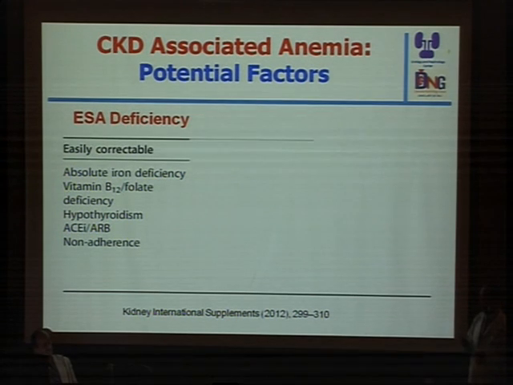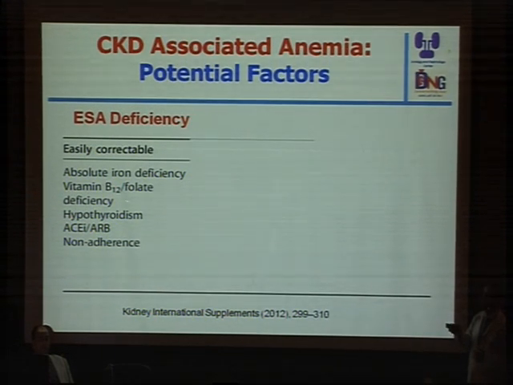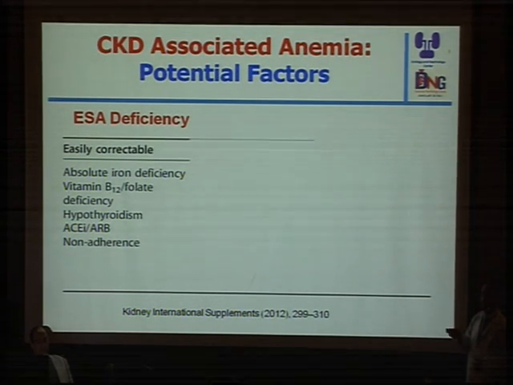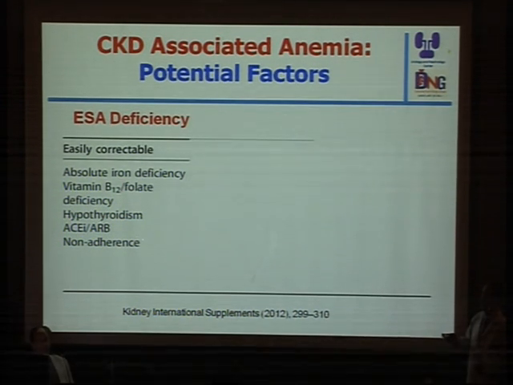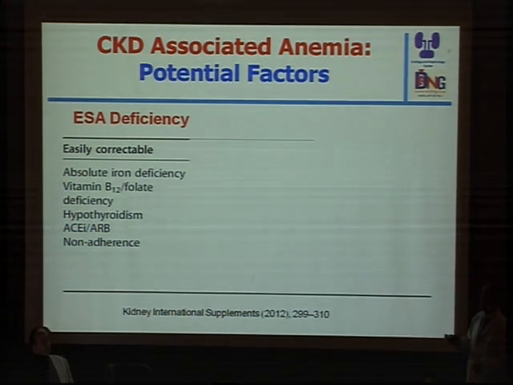So these are, as you see in this slide, absolute iron deficiency, vitamin B12 and folate deficiency, hypothyroidism, the use of angiotensin converting enzyme inhibitors or angiotensin receptor blockers, or non-adherence to the anemia management.